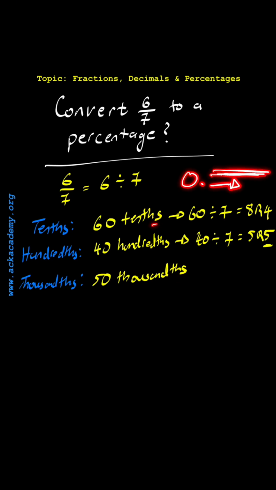So now I have to divide 50 by 7, which gives me what? 7, remainder 1, because 7 times 7 is 49. And then to get to 50, I need one more, right? So I need this one more piece.